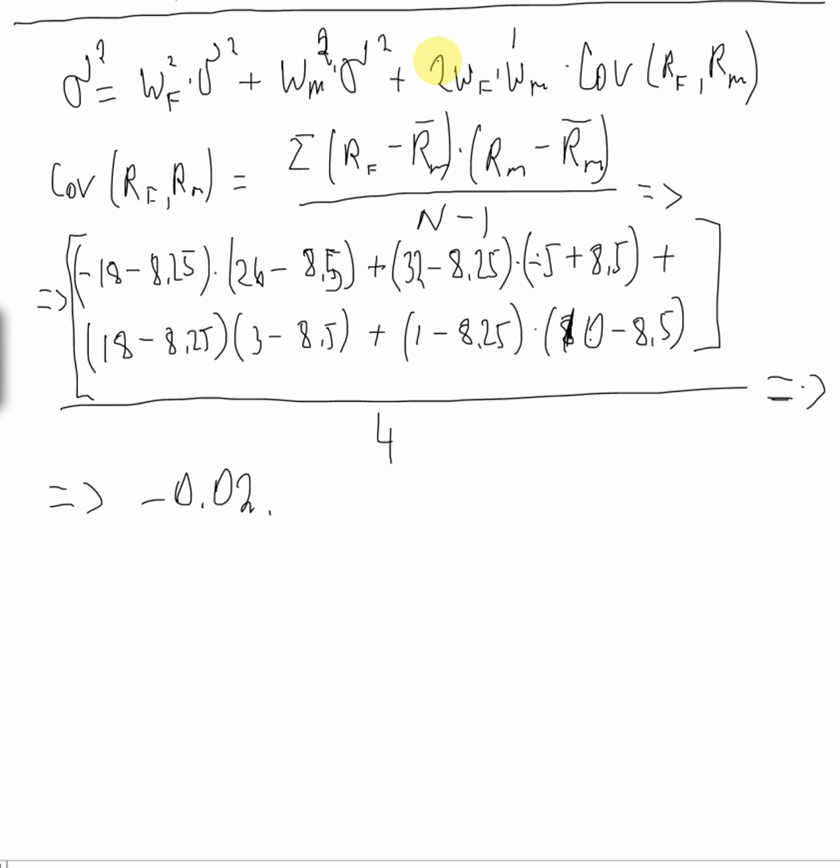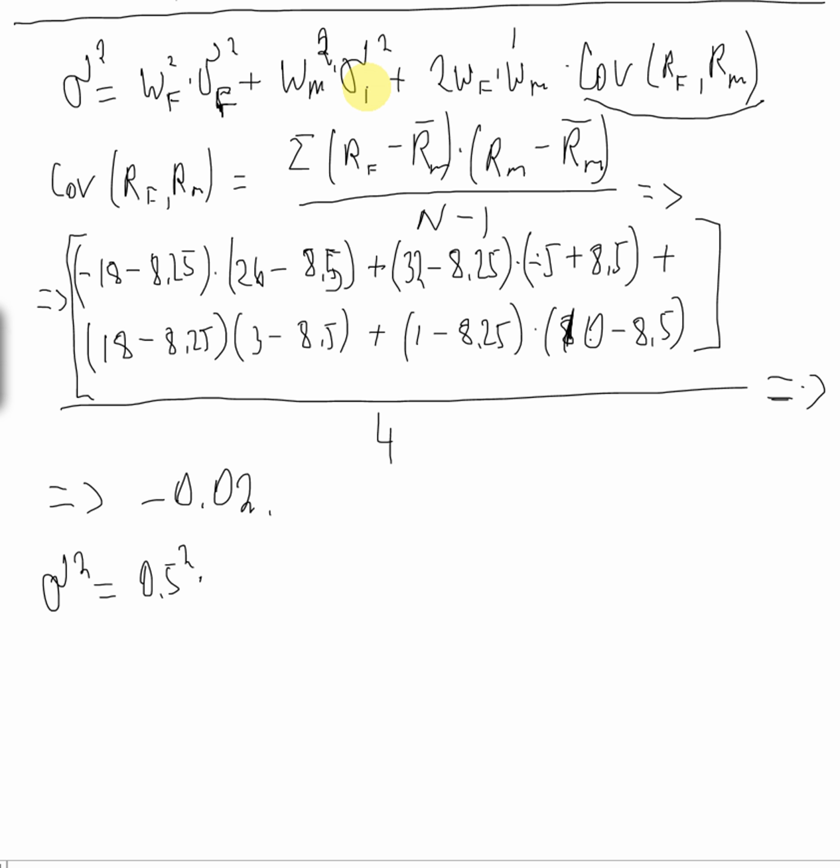Now coming back to this, so this whole thing is minus 0.02, so we will now calculate variance. So this will then be square of the fraction of cash invested in W, so that's 0.5 squared times sigma f squared for first Boston.